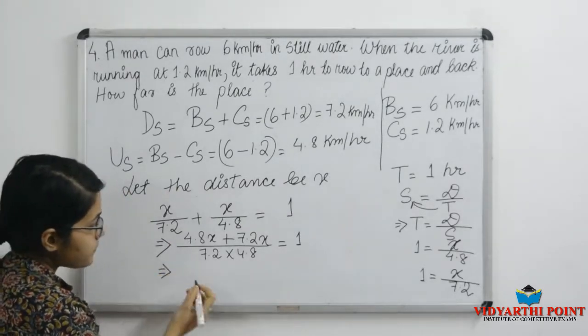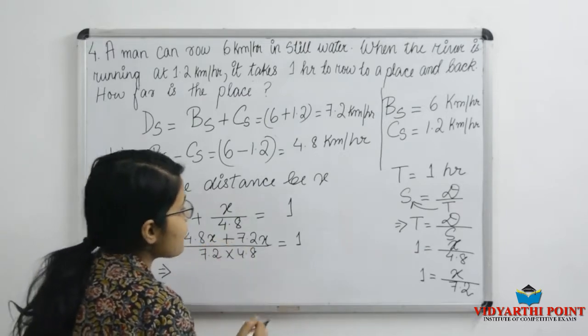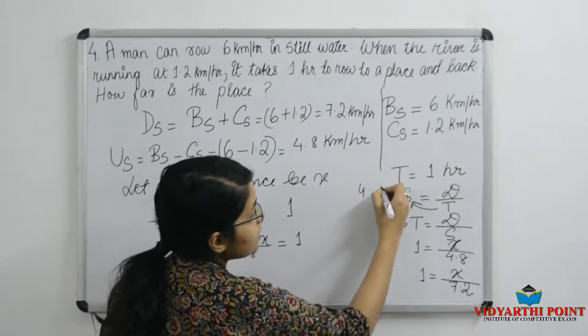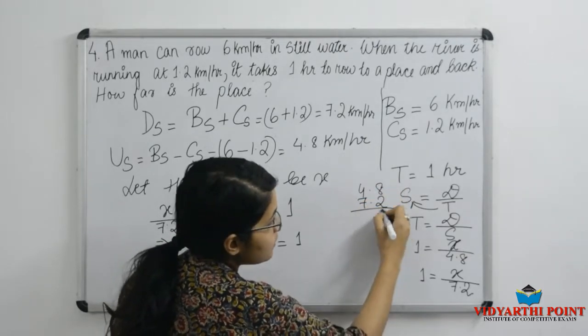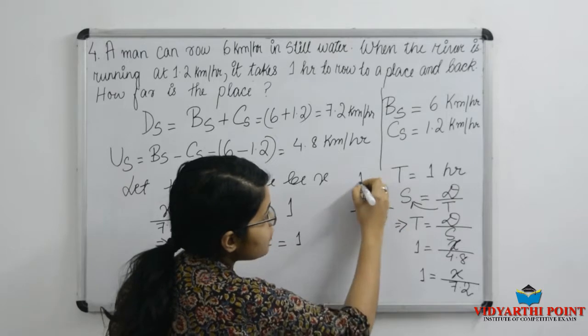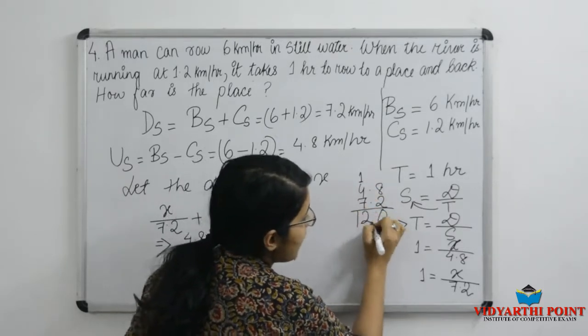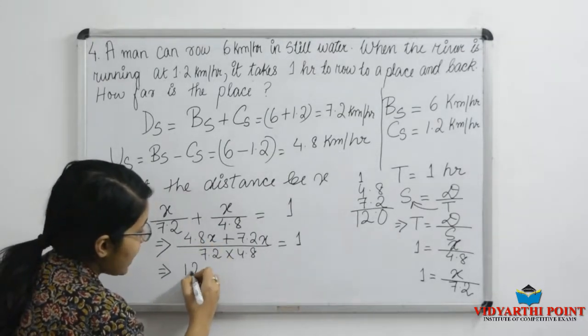Okay, now cross multiply this. 4.8x plus 7.2x. 4.8 plus 7.2, this will become 0, 1 is remainder, 4, 5 plus 7, 12. So, this will become 12x.